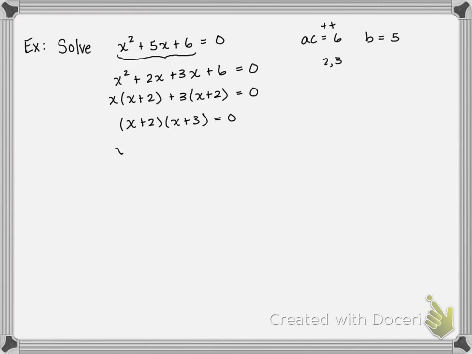So x plus 2 equals 0. And x plus 3 equals 0. Which means that x equals -2 or x equals -3. So far, so good?